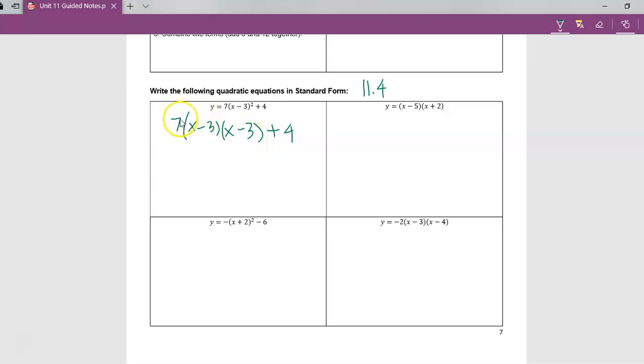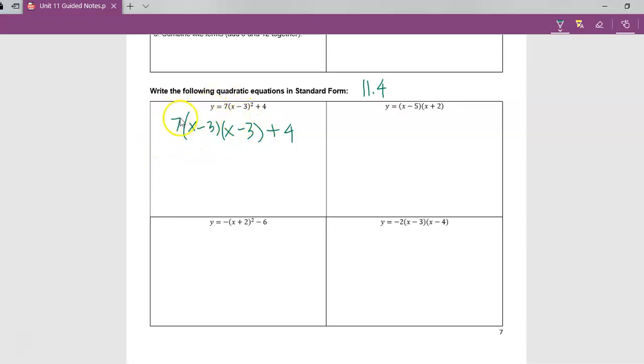Once I know what x is, this really is just one number times another number times another number. Say x is 4, I would have 7 times 1 times 1 plus 4. If x were 5, I would have 7 times 2 times 2. The reason I'm saying this is not because we're going to plug something in for x, but because I just want you to think about this as 3 numbers multiplied together.